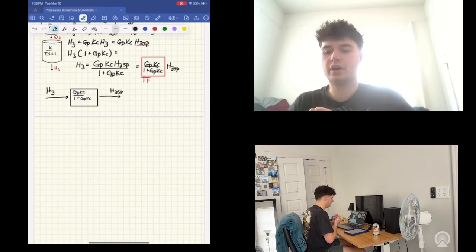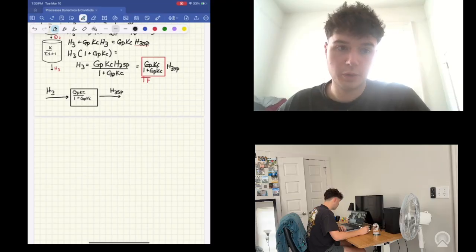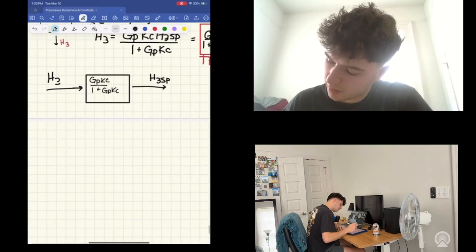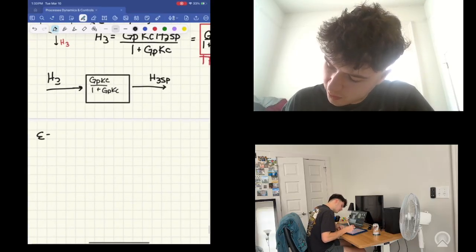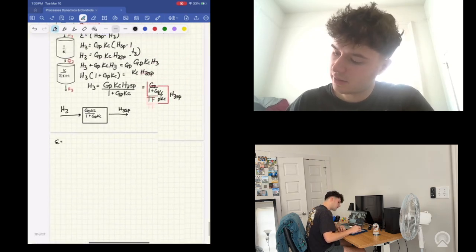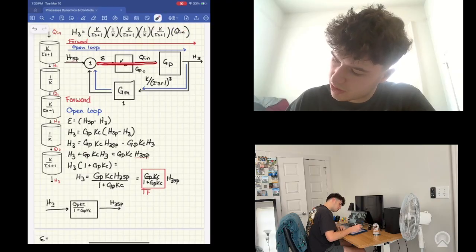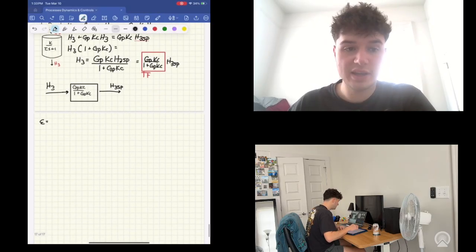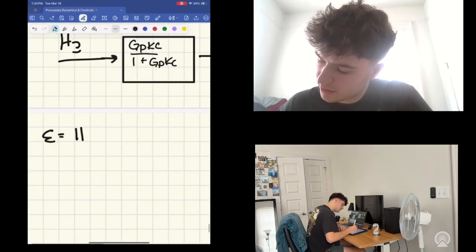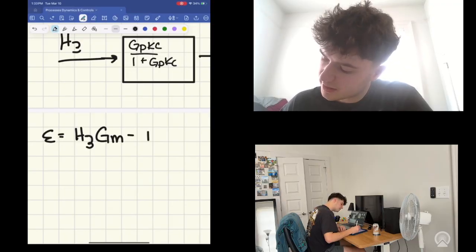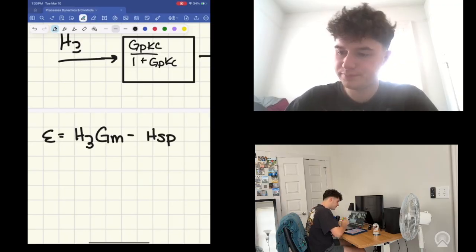So now we are going to get our equation for the open loop. To do this, we are going to write first what our E value is. Now we will be looking from here through these two boxes down, and we will be stopping here. So to get this equation, you have E is equal to our H3 times GM minus HSP.